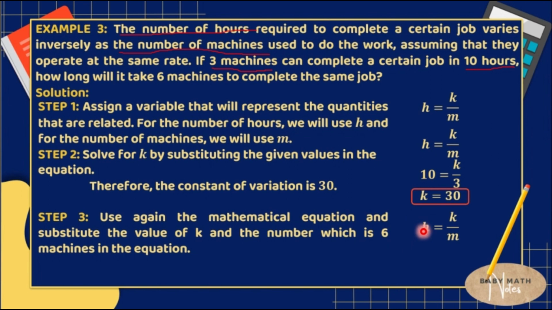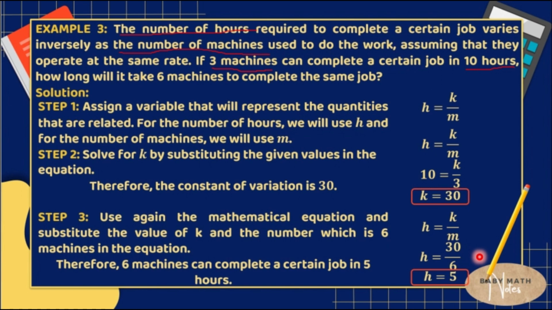So, ibig sabihin, yung value ng K na na-obtain natin kanina, which is 30, isasubstitute lang natin yun dito sa K. And then, yung 6 natin dito na given, para makuha natin yung tinatanong na oras, isasubstitute natin yung 6 kay M. So, H is equal to 30 over 6. And that is, H is equal to 5. So, therefore, 6 machines can complete a certain job in 5 hours.